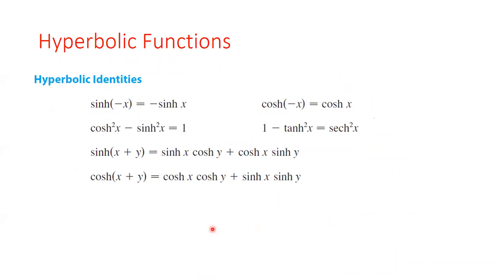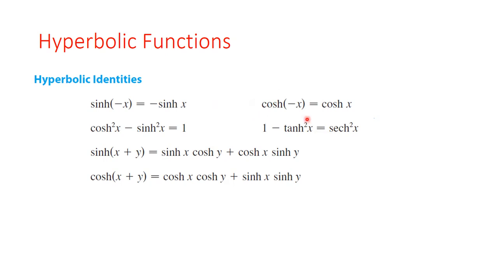Now, as usual, we do know that basic trigonometric functions have identities. Most of the identities have the same effect also on the hyperbolic functions. For instance, we know that sine, not sinh, of a negative angle will always be the negative of sine of whatever angle that was there.